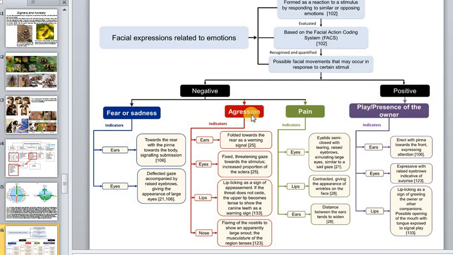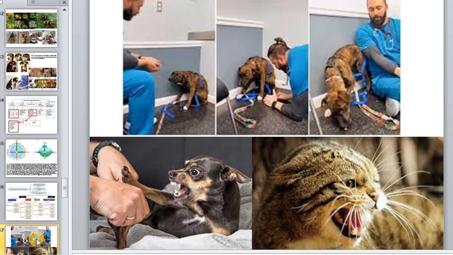Here we see aggression and pain, and if the animal feels pain, it can be aggressive to people. Often animals that experience pain are aggressive or even sad. And here you see examples of this.